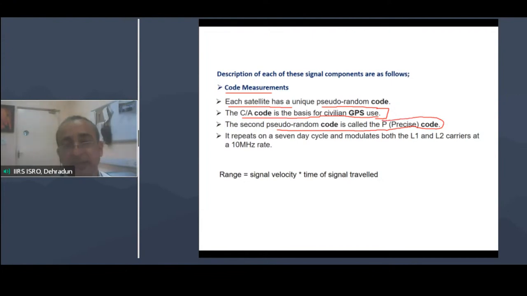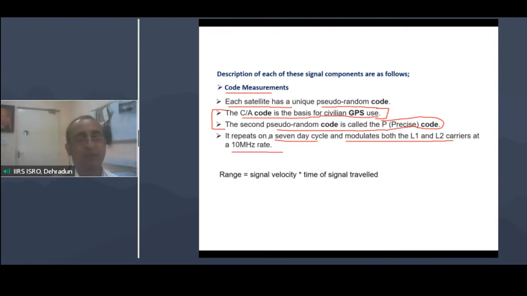It is only restricted to the defense people of the USA. For Navstar satellites, and the same way for other global and regional navigation satellites, there are two categories, defense and civilian. Defense is the defense of that same country, and civilian can be any person worldwide. You can see the two categories of data available. The CA code for the Navstar satellite repeats on a 7-day cycle and is modulated on both L1 and L2 carriers at 10 megahertz.